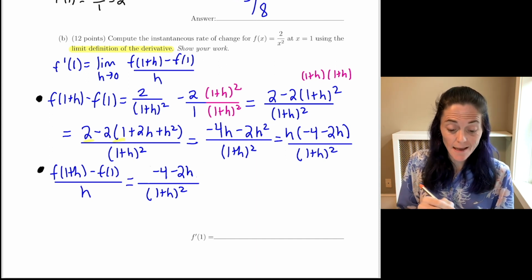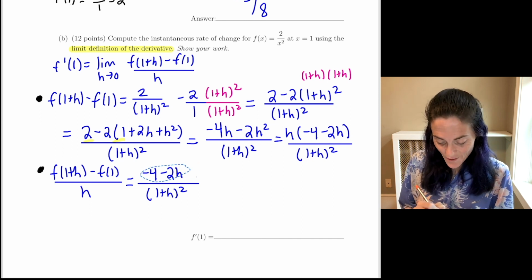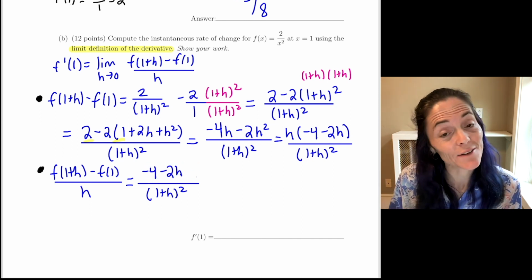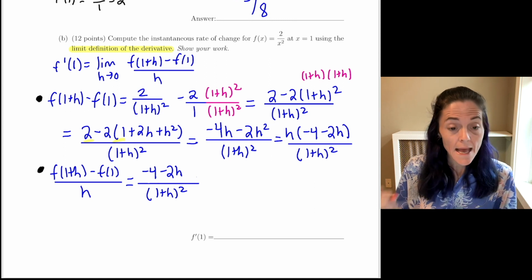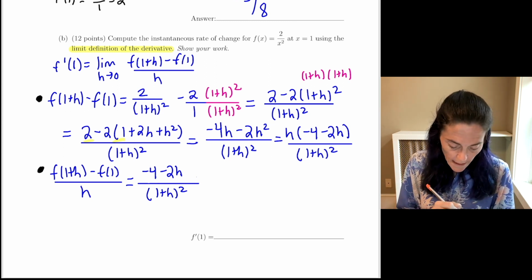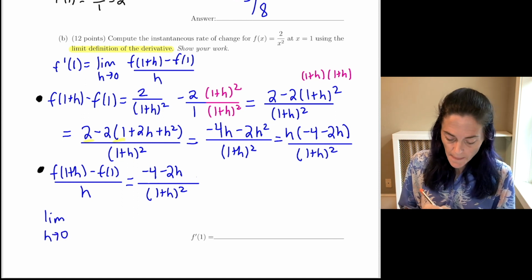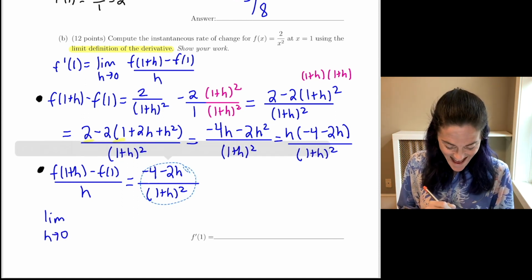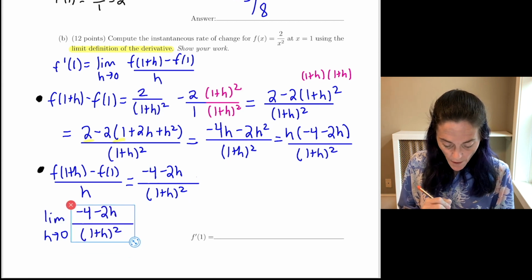This is f of 1 plus h minus f of 1 over h. The beautiful thing is this is now defined at h equals 0. And so all we need here is a limit as h approaches 0 of this. Once again, I will copy and paste. And you see what we get here.